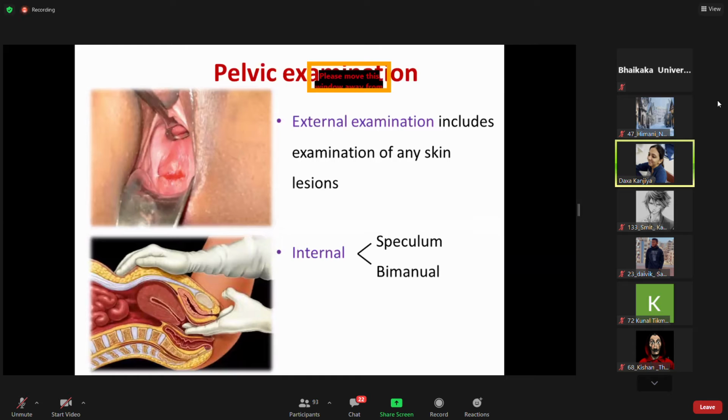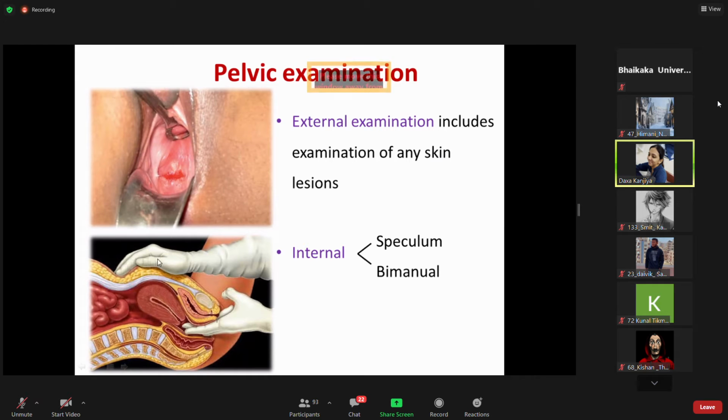Examination of the pelvic cavity or pelvis is of two types: external examination, which just includes the examination of any skin lesion, and internal examination, which is done with the help of a speculum or bimanual internal examination. What is bimanual internal examination?